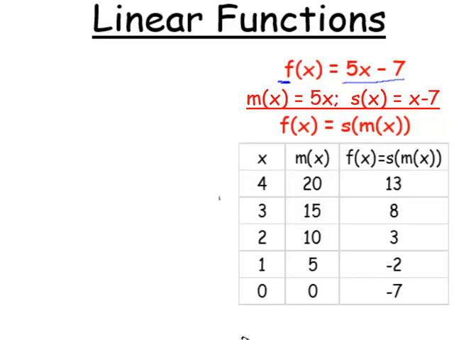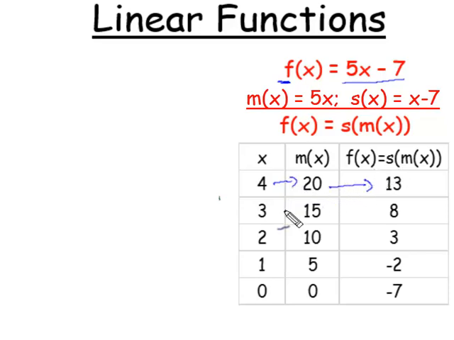Here's a table for a number of values starting with 4 and going down to 0. We have 4, which multiplied by 5 gives us 20, and then subtracting 7 gives us 13.